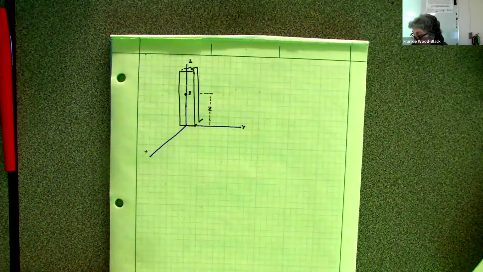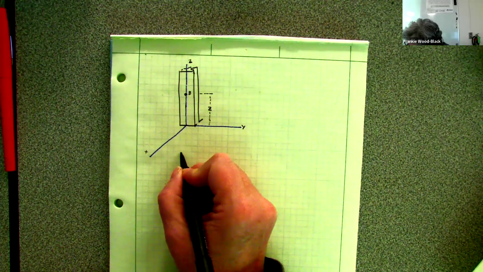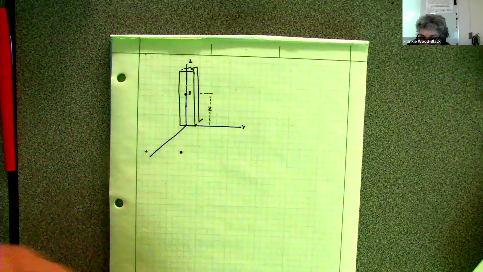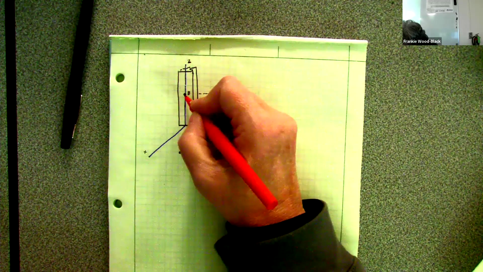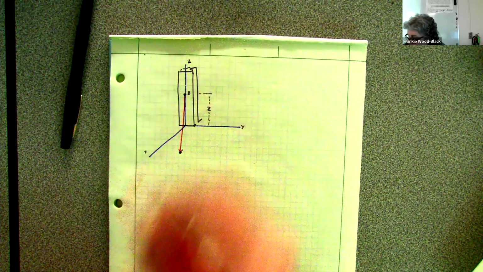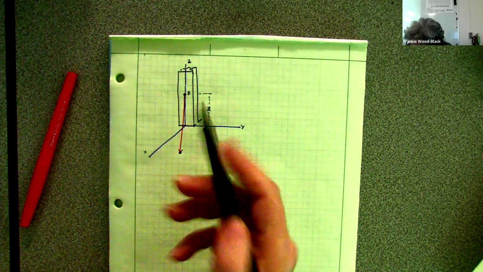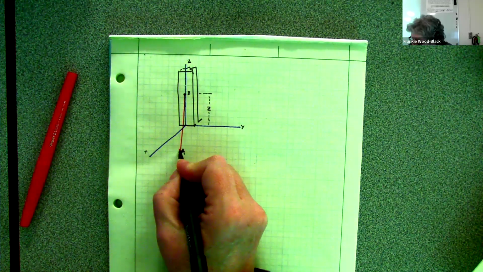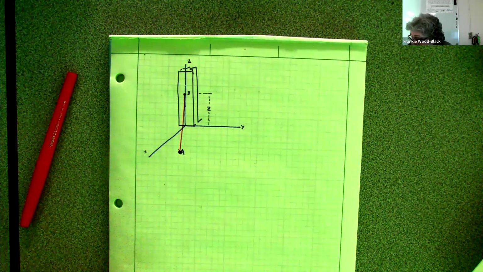We don't know Z. And our point A is there. So I'm going to draw my position vector. This is my point A. So we've got a cable that is going along that line.